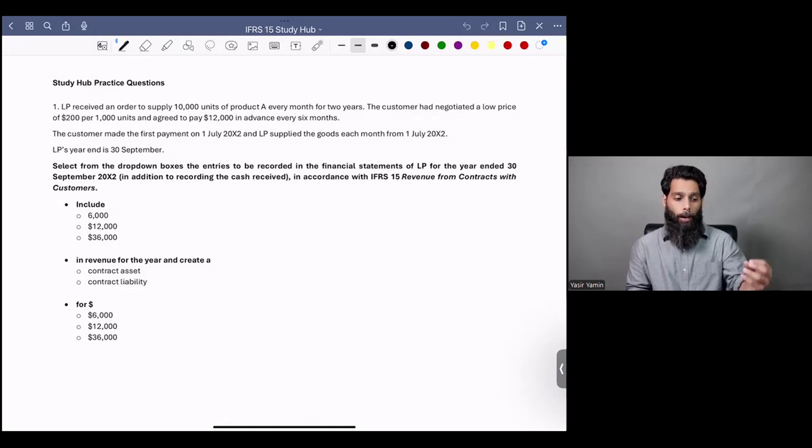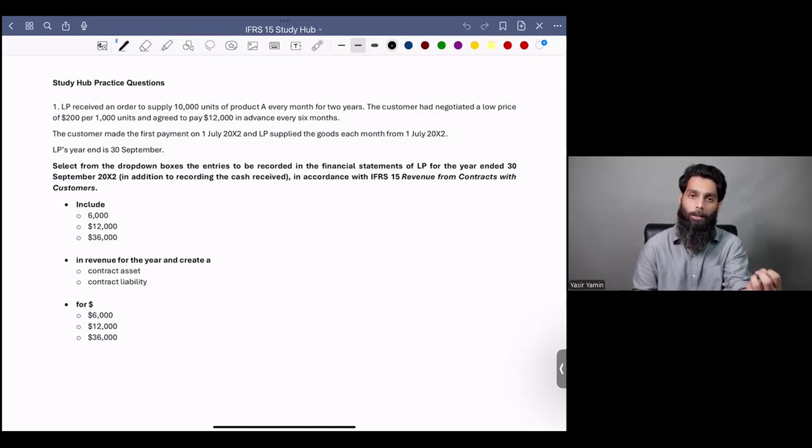That is, when the control of the good or service has been transferred to the customer, when the entity has fulfilled all its performance obligations, then only revenue should be recognized. One of the key risks associated with revenue is always its overstatement. If the entity is able to overstate its revenue, it would be able to overstate its profits as well, and that could be misleading for the shareholders.